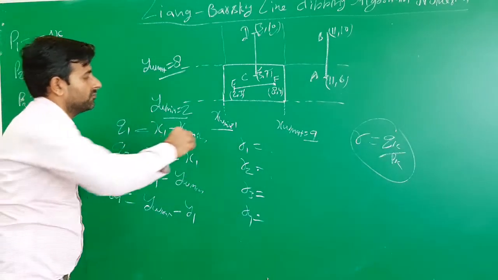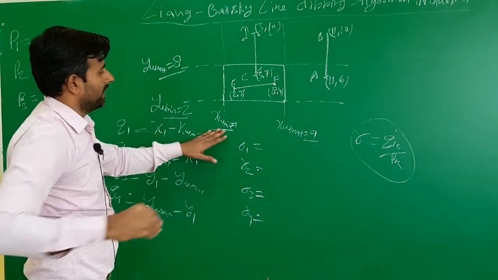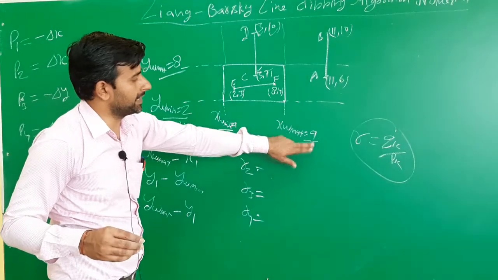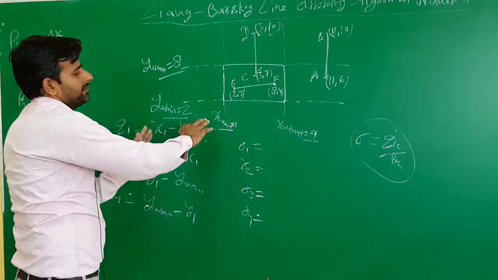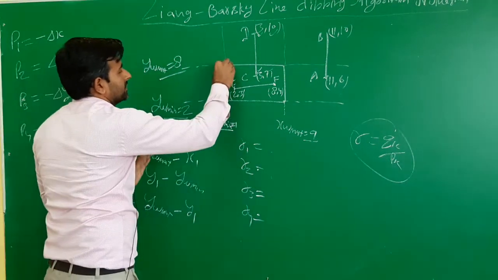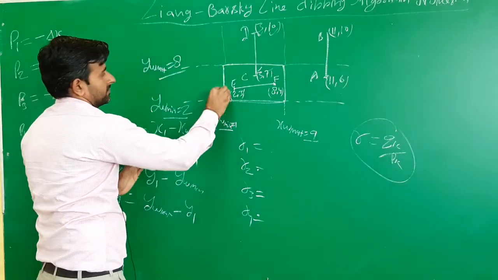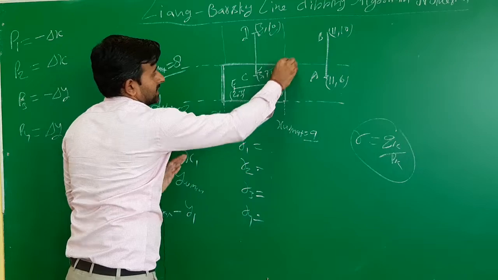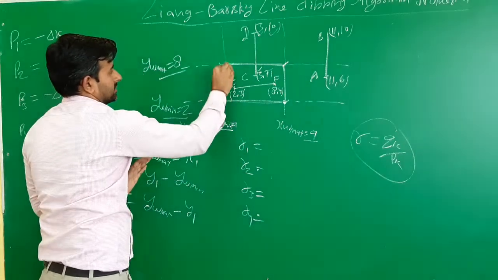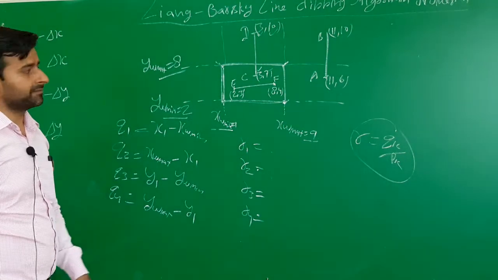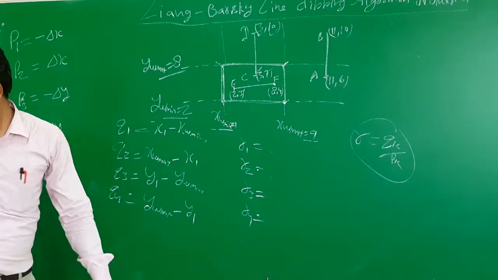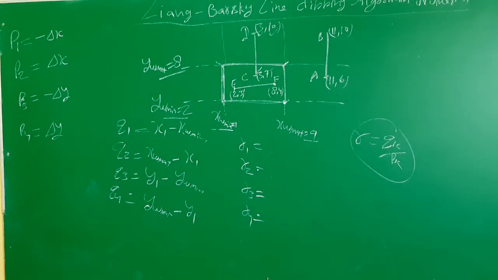Xw minimum is 1, xw maximum is 9. These minimum and maximum values are nothing but the coordinates of the window given. Clear?